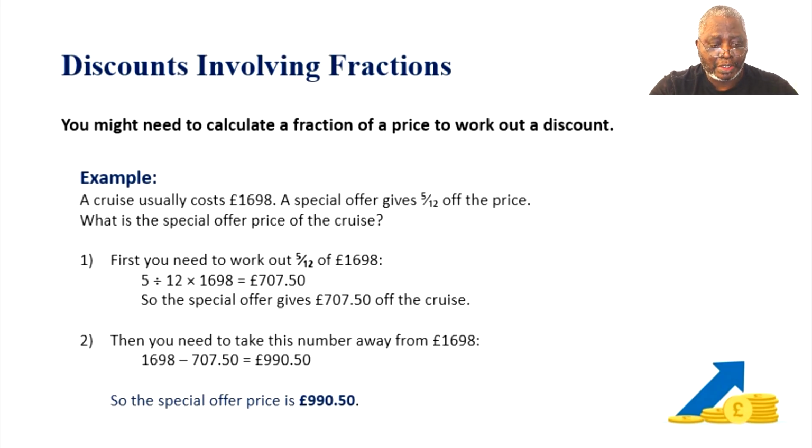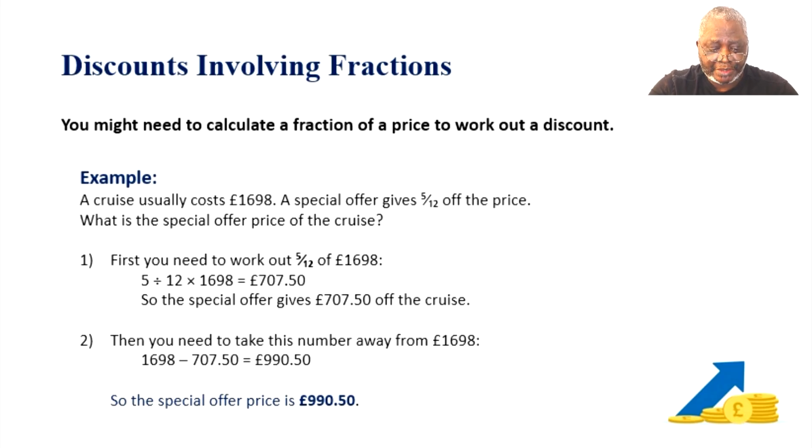Example: a cruise usually costs £1,698, and the special offer gives 5/12 off the price. What is the special offer price of the cruise? First, you need to work out 5/12 of £1,698. The special offer gives £707.50 off the cruise.